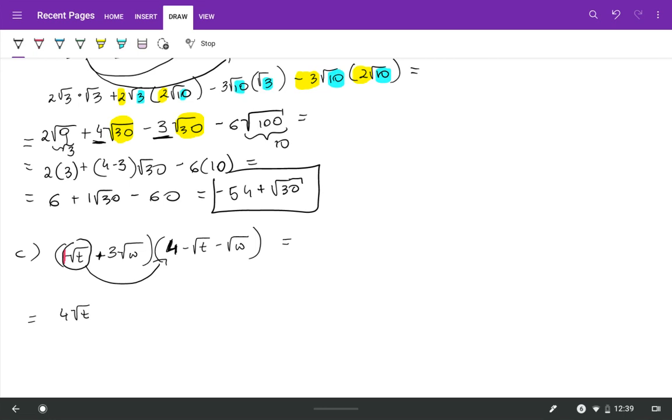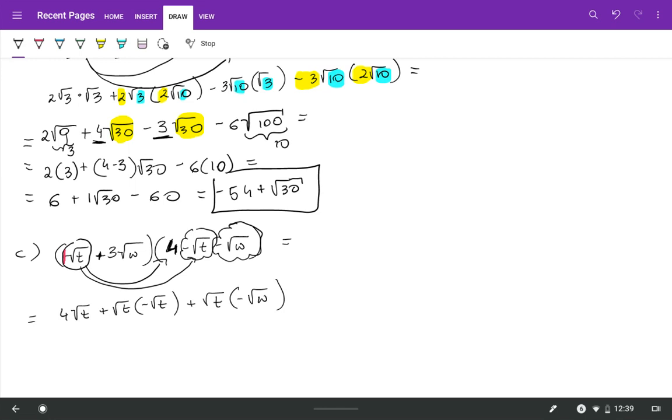Next, we have square root of t times the next expression, which is negative square root of t. So you have plus square root of t times negative square root of t. I will simplify that later. I want to show work. Next, plus square root of t, we're multiplying by negative square root of w. So negative square root of w is just negative 1 square root of w.